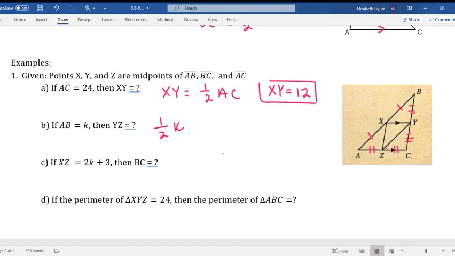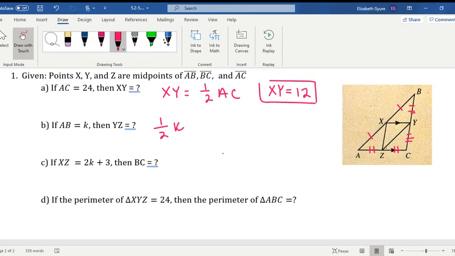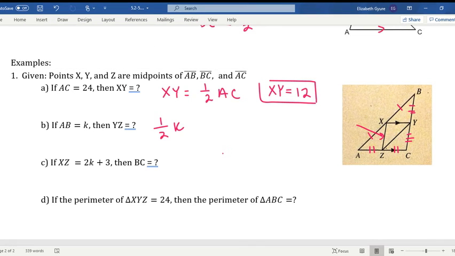If the measure of XZ, so XZ is this segment here, is 2K plus 3, what will BC have to be? Matt Sandrick. How'd you get it? Yeah, just double it, exactly.